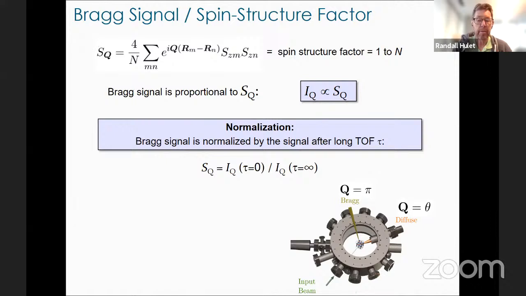What we want for normalization is to make the time of flight long enough that there's no more order in the system. Whether they're falling in gravity, which they will, or not, the time of flight contributes to the diffuse scattering, reducing the signal.